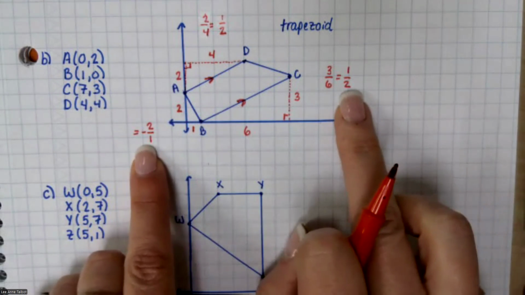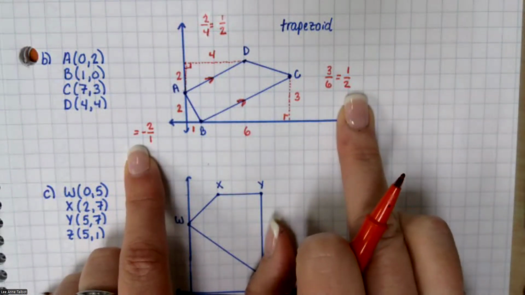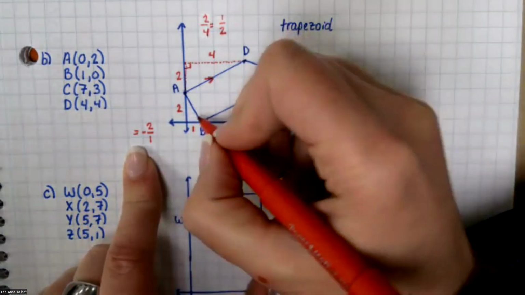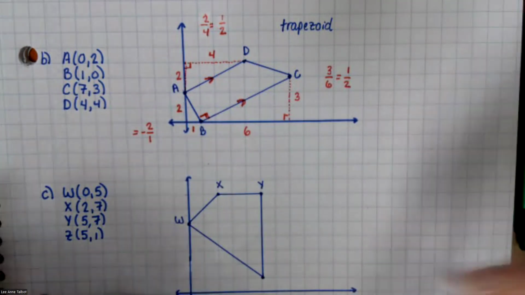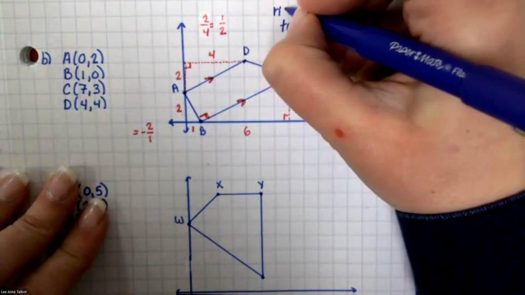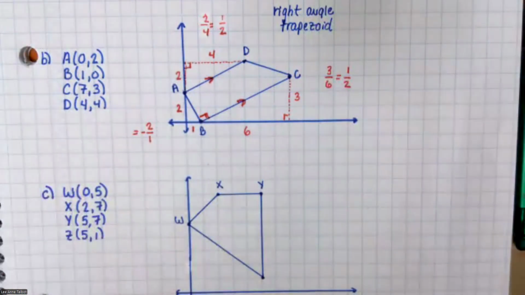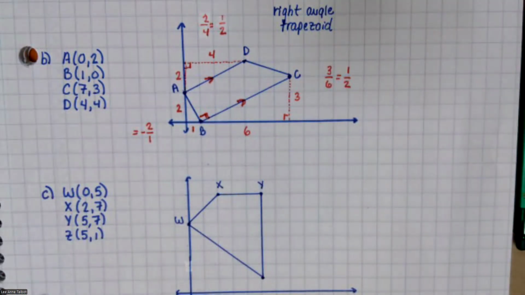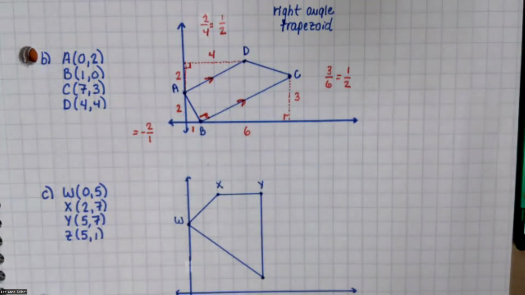What is the relationship between -2/1 and 1/2? Perpendicular, which means that this is a little right angle, and this is actually called a right angle trapezoid, which apparently they did not decide to put on your list. I like to call it the truck window because it looks like a truck window.